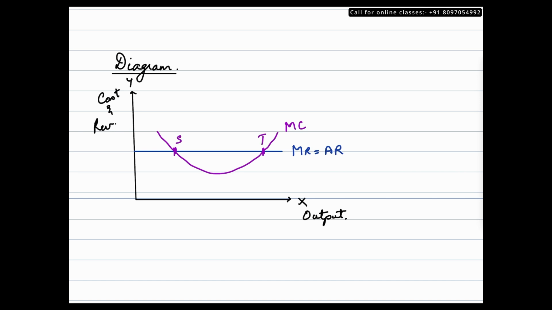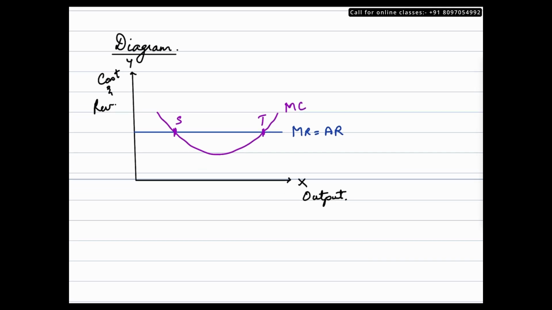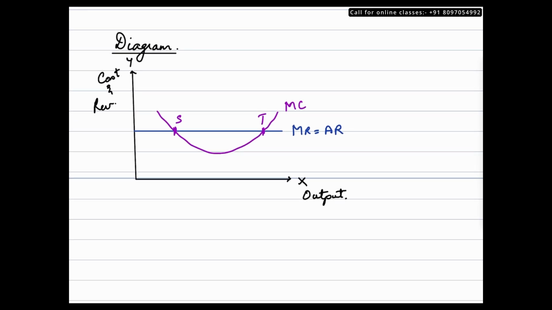All right. Now at point S, I'm going to scroll a little up so that I have some space to write. So what is happening at point S? At point S, MC is equal to MR, and at point T also MC equals MR, correct? You can see that happening over here, the point of intersections. Post the point of intersection, what happens? At point S here, MC is falling and it is below the MR curve.